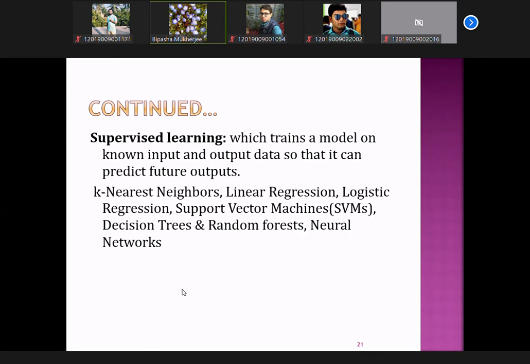The following examples that are given: KNN, linear regression, SVM, decision tree, all these are examples of supervised learning algorithms. So if you think about machine learning, it's quite interesting. In normal programming, we write the algorithm, we take the input, and we produce the output.